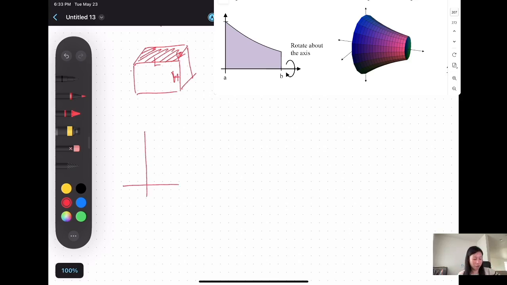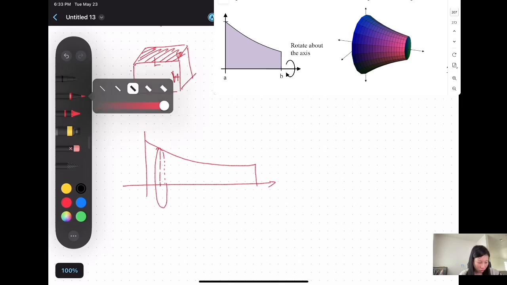So now let's think about it. I have this curve, right? And now I need to find the area of this circle. Let me draw a nicer one. This is our R, let's say this is the radius.